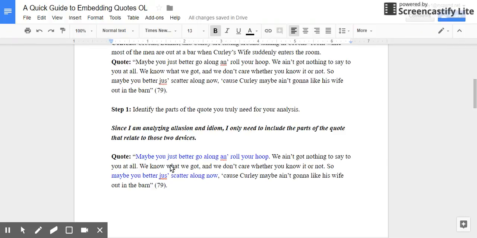So the allusion is here. Maybe you just better go along and roll your hoop. And the idiom is here. Maybe you better just scatter along. Remember this is a reference to a child's toy. And this is just kind of like an expression, like it just means move along or go away, basically.